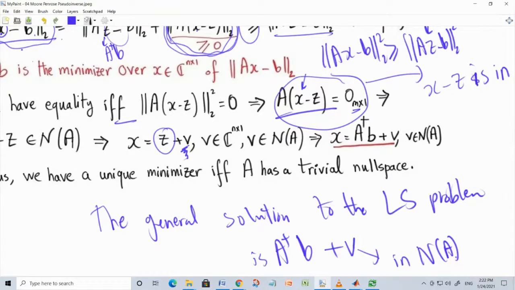If A has a non-trivial null space, then there are infinite solutions to the least squares problem. Again, you get those solutions by taking the pseudo inverse of A multiplied by B and then adding any vector from the null space of A.